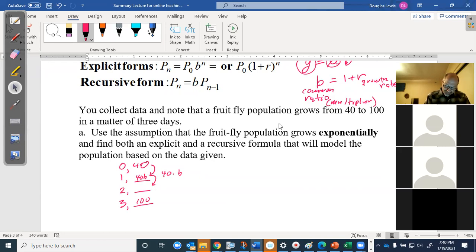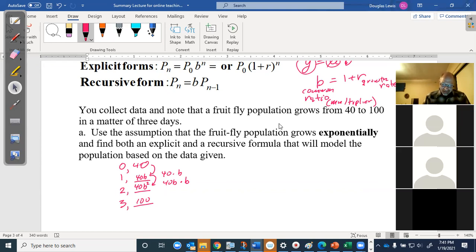Well, it's going to take 40b, that previous number, and multiply it by another b. And what's 40b times b? 40 what? b squared, isn't it? b times b is b squared. Second power, yeah. Does that make sense, Bella?